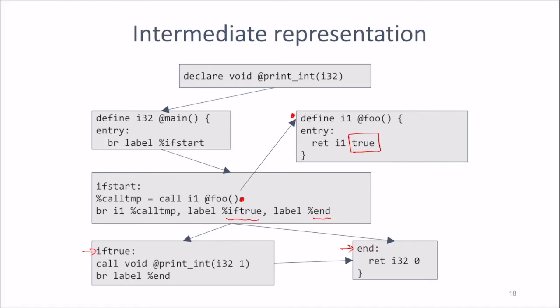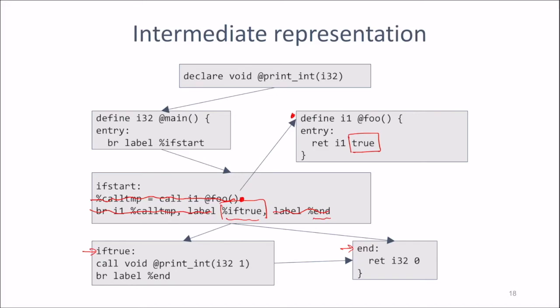So it's kind of pointless to call this function if it's always giving me the same value. So what I can do is actually get rid of this. And if I get rid of that, I know that it's true. I know that this if true is always going to be valid. So I can actually remove this branch as well and then just go to if true.